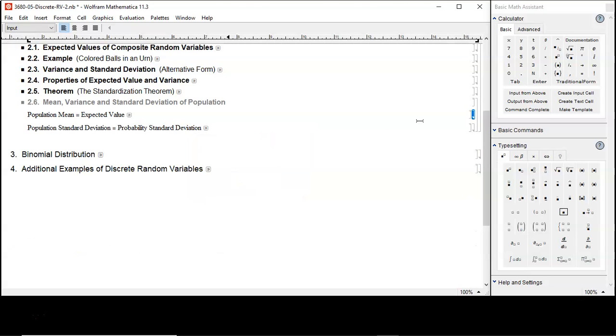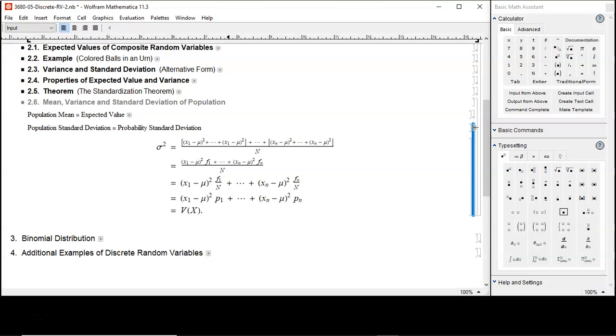And then the population standard deviation and probability standard deviation are the same as well. You see, we have all those deviations squared, but then again, many are repeating. Those are frequencies, f1 through fn, but f over n, that's a probability.